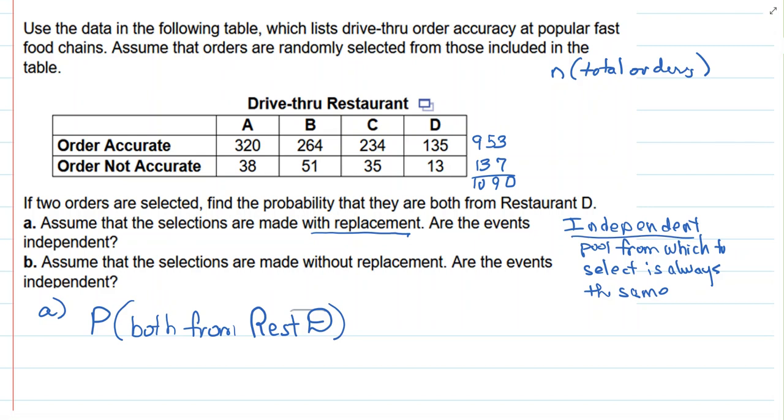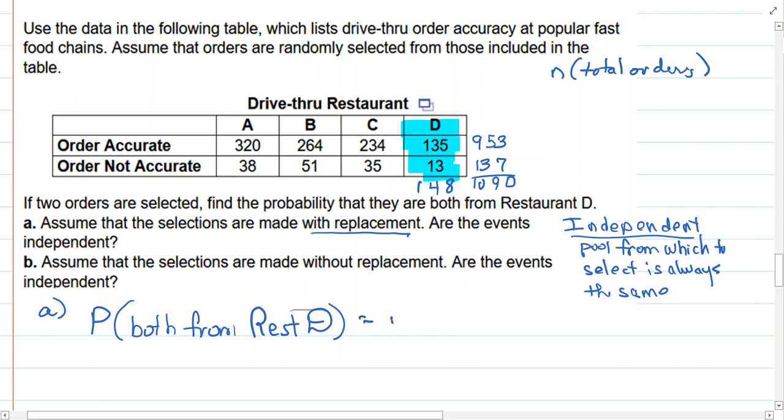So in this case, we understand we need the sum of D, restaurant D. So here is our restaurant D, and we're going to add them. It looks like 148.